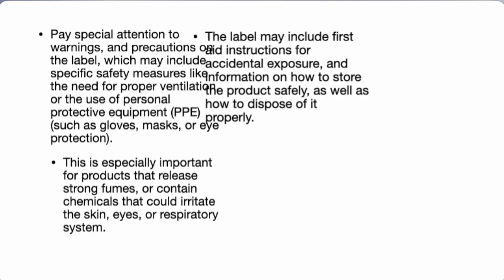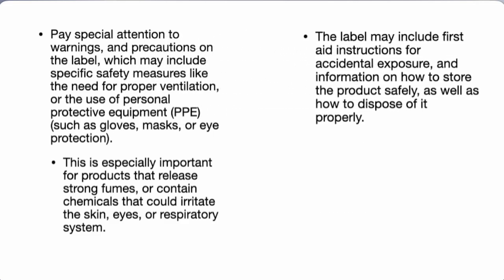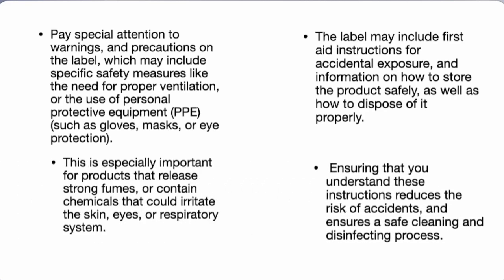The label may include first aid instructions for accidental exposure and information on how to store the product safely, as well as how to dispose of it properly. Ensuring that you understand these instructions reduces the risk of accidents and ensures a safe cleaning and disinfecting process.